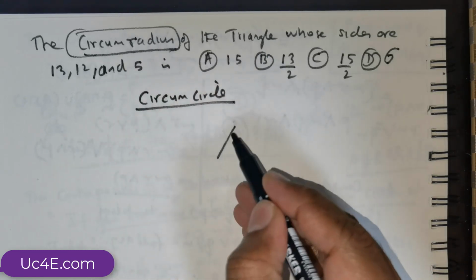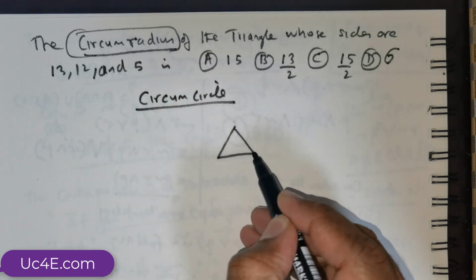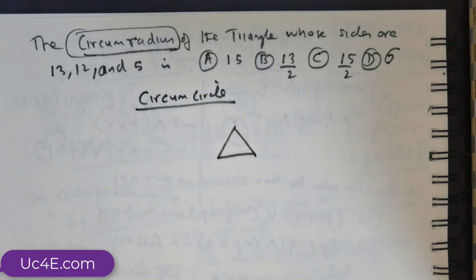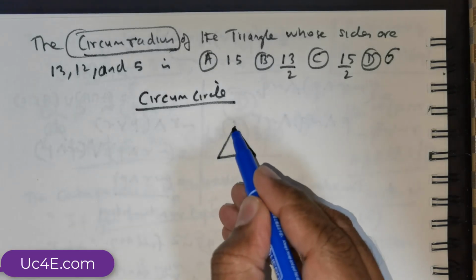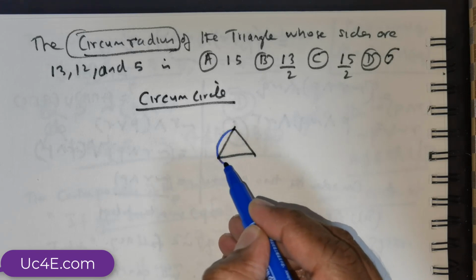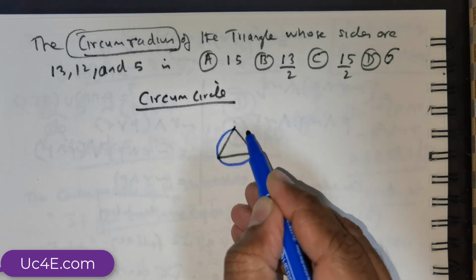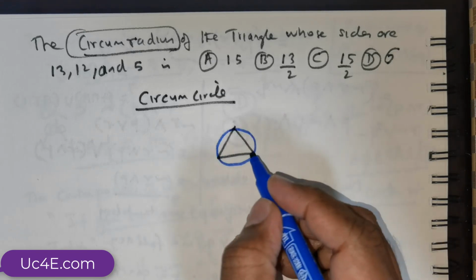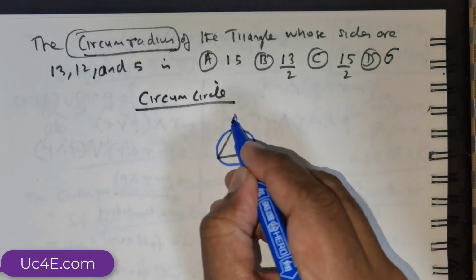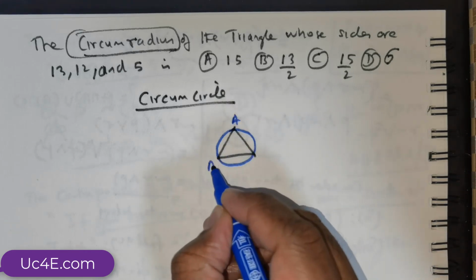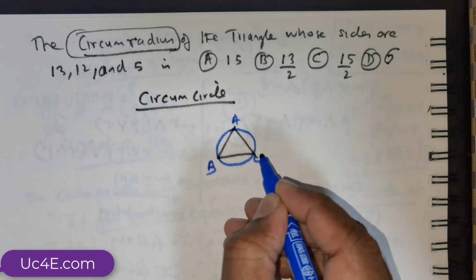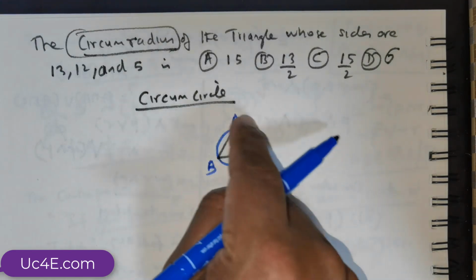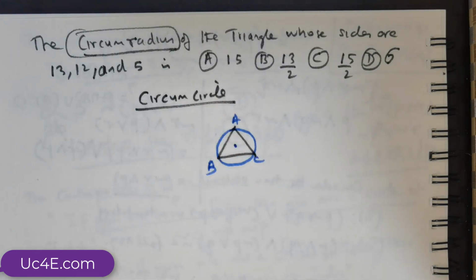Now imagine you have a triangle like this, and there is a circle which is hitting all the vertices of the triangle. You got the vertex here A, this is B, this is C, and you have a circle which is hitting all the vertices.